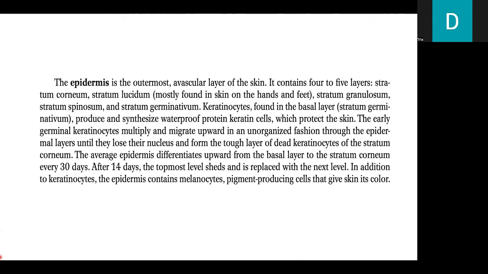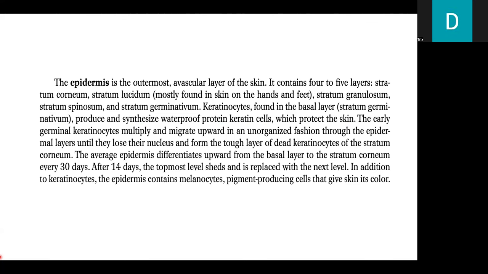The early germinal keratinocytes multiply and migrate upward in an unorganized fashion through the epidermal layers until they lose their nucleus and form the tough layer of dead keratinocytes of the stratum corneum.